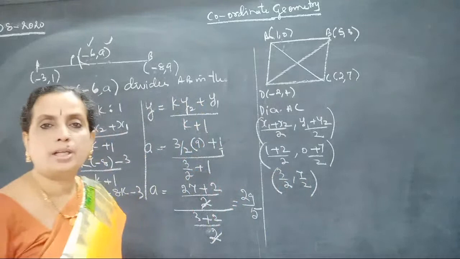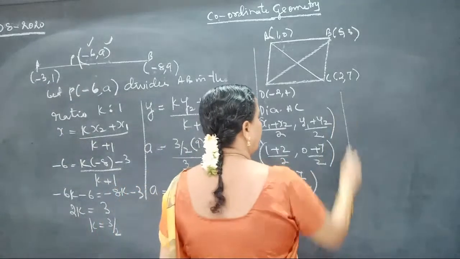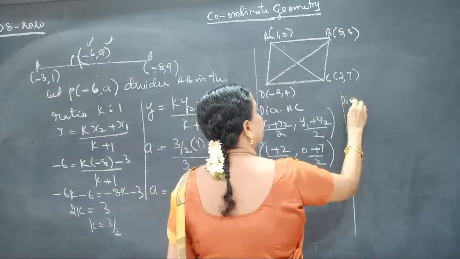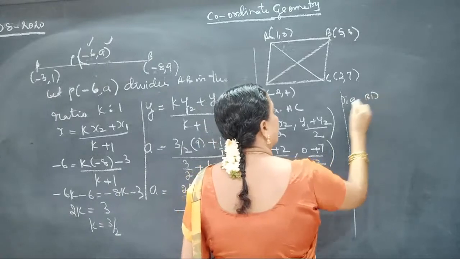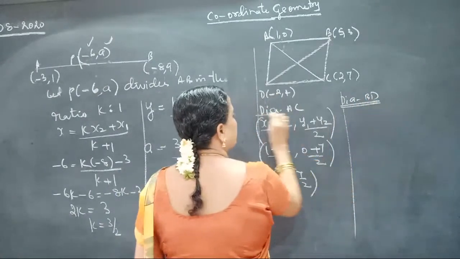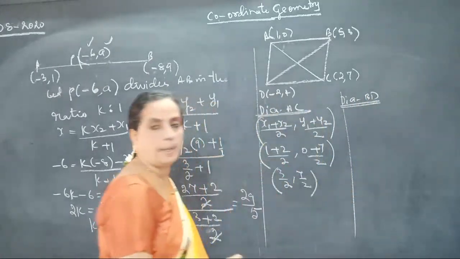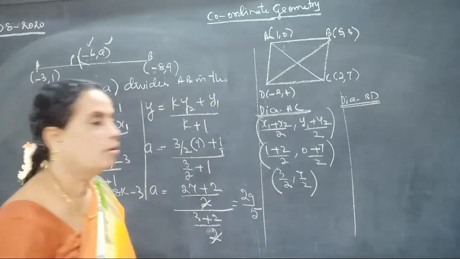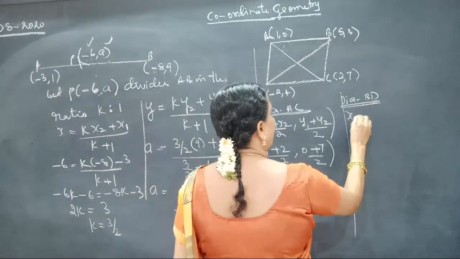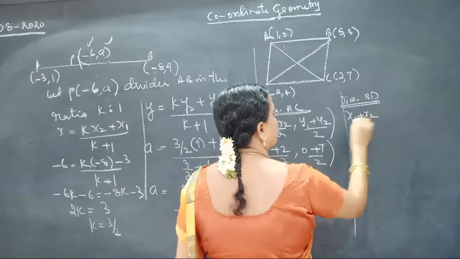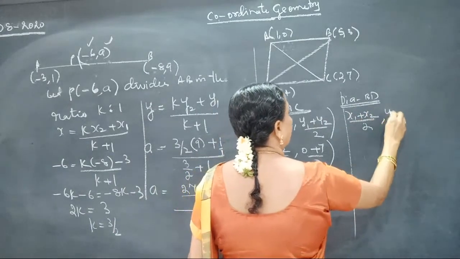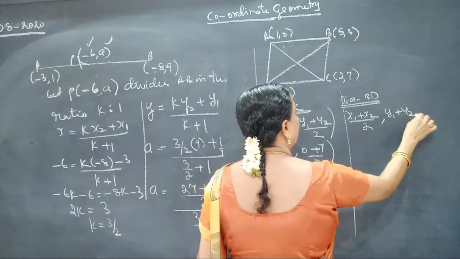Now the same thing, you check it for diagonal BD. Check it and tell me whether you get the same ordered pair. Again apply the midpoint formula, x1 plus x2 by 2, y1 plus y2 by 2.